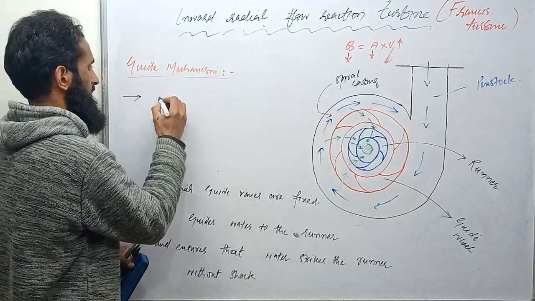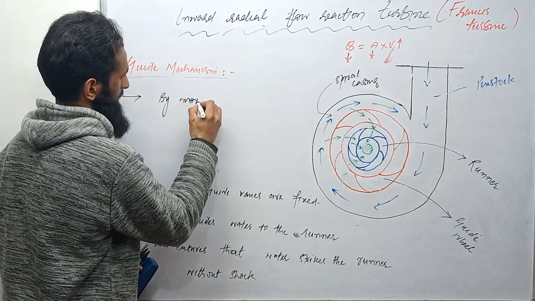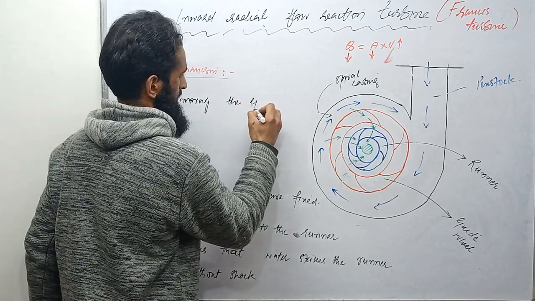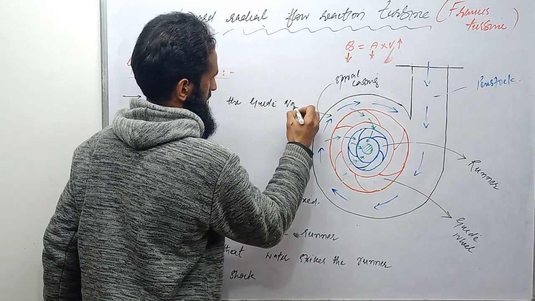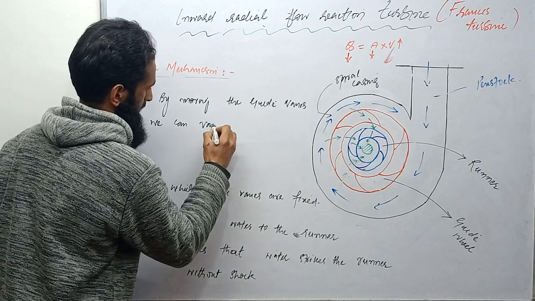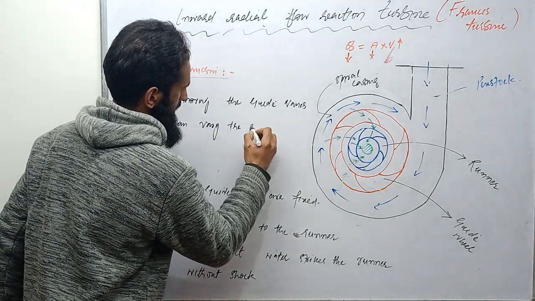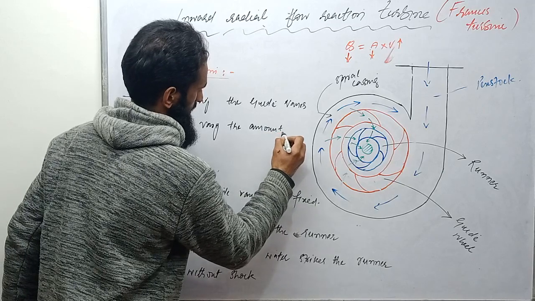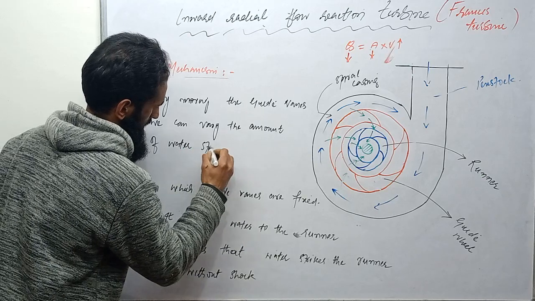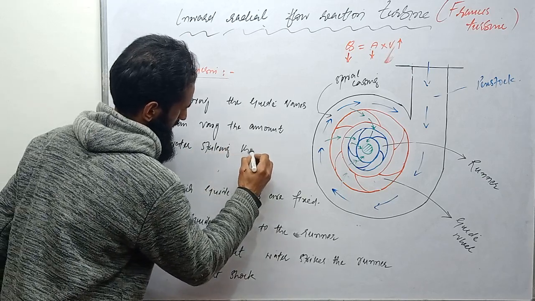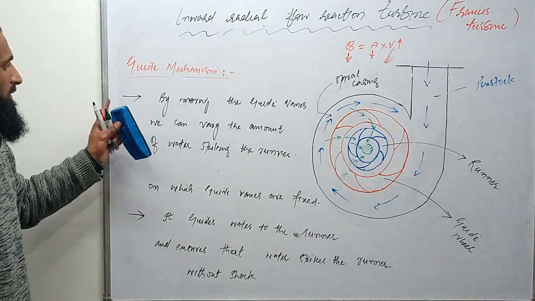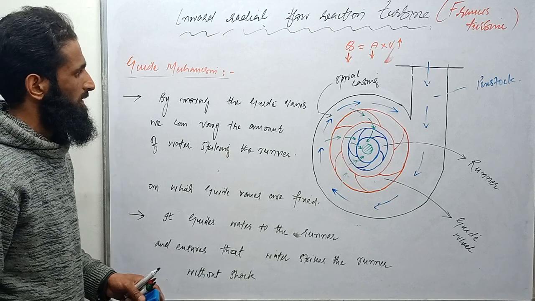Okay, so by moving the guide vanes, we can vary the amount of water striking the runner. So these were the important things about guide mechanism.